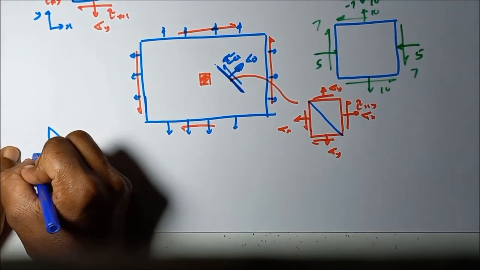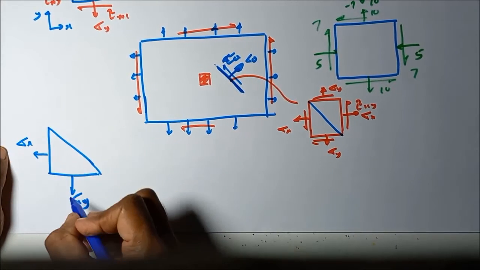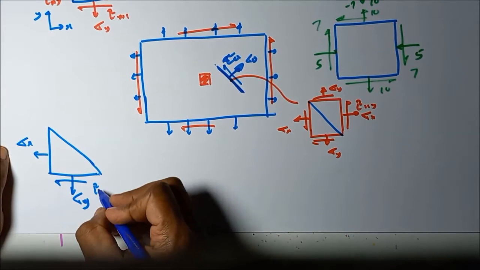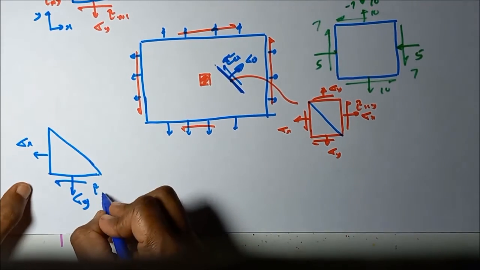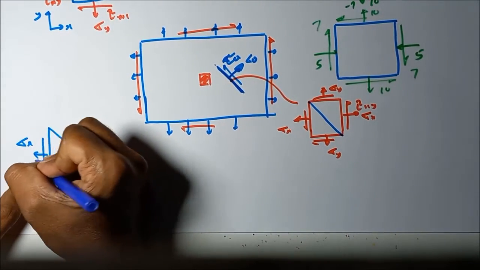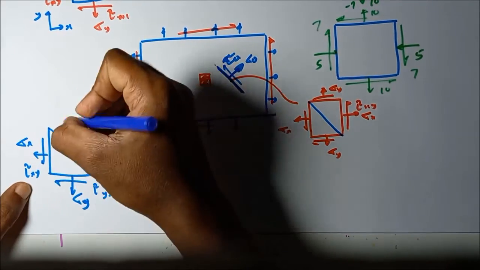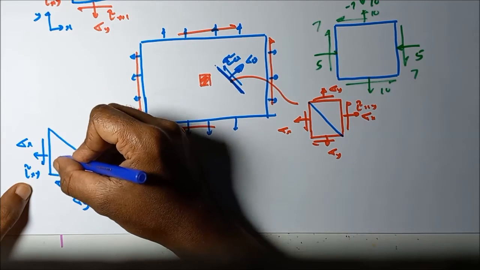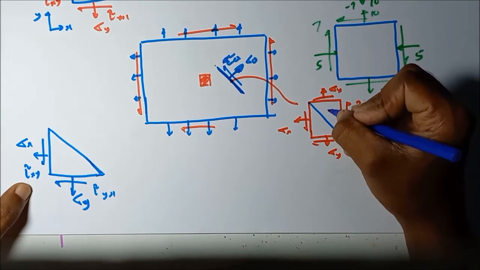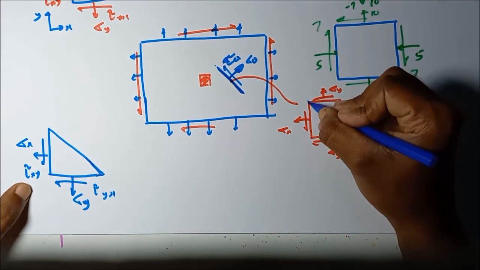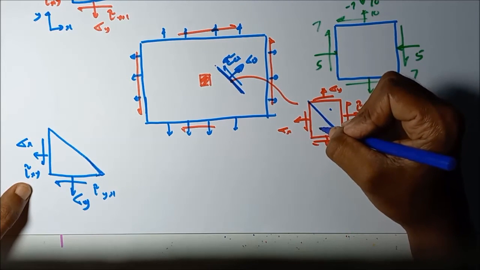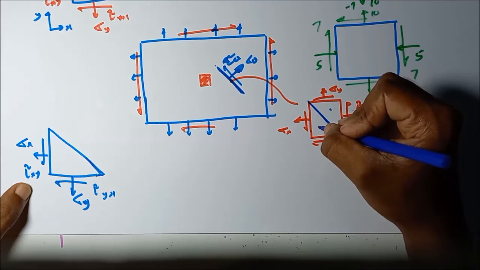So what are the stresses acting on it? Sigma y, in this direction sigma x, then tau yx, tau xy, then the stress acting on this plane. Okay, when isolating from this side, we are going to represent the free body diagram for this separated part.